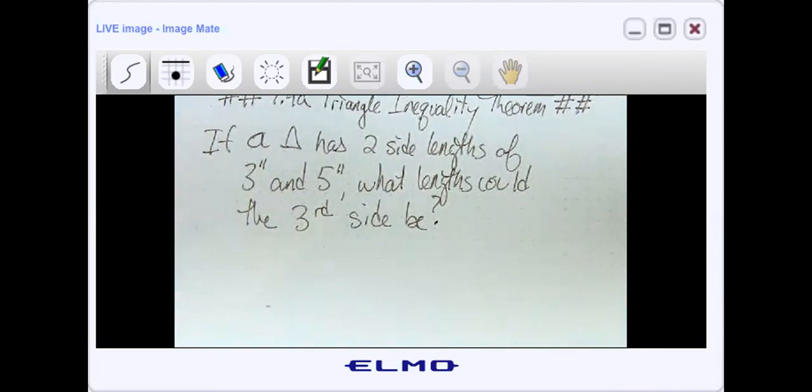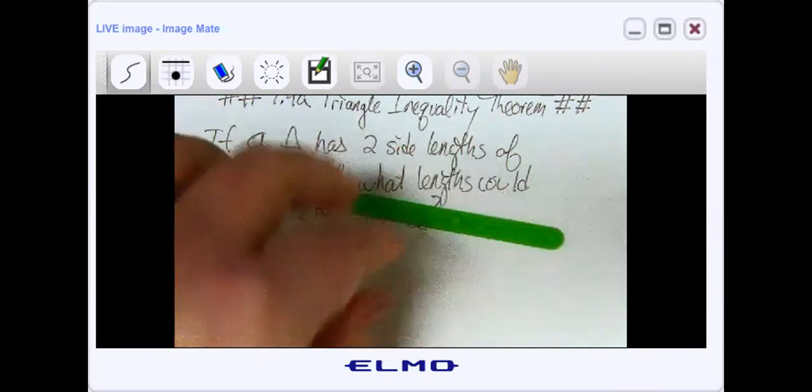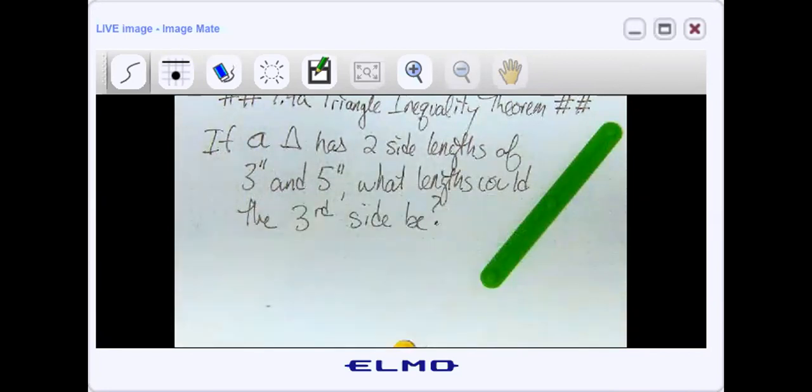Let me see if I have any sticks that are actually 3 inches and 5 inches. Let's see if I have any. Yes, green is a 3 inch. Yellow's 4.5.